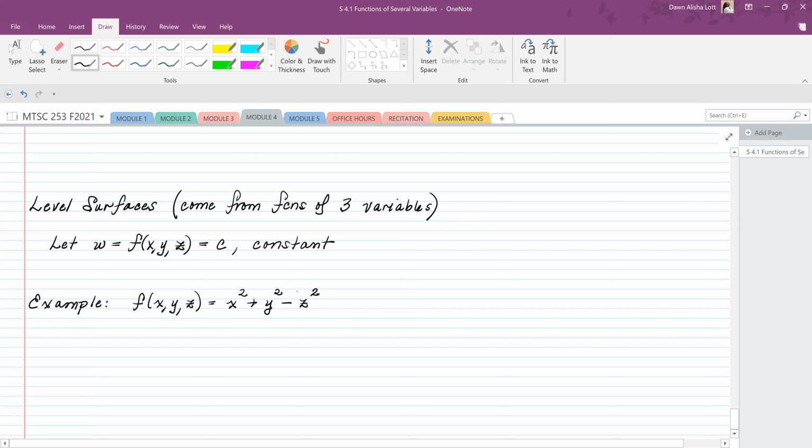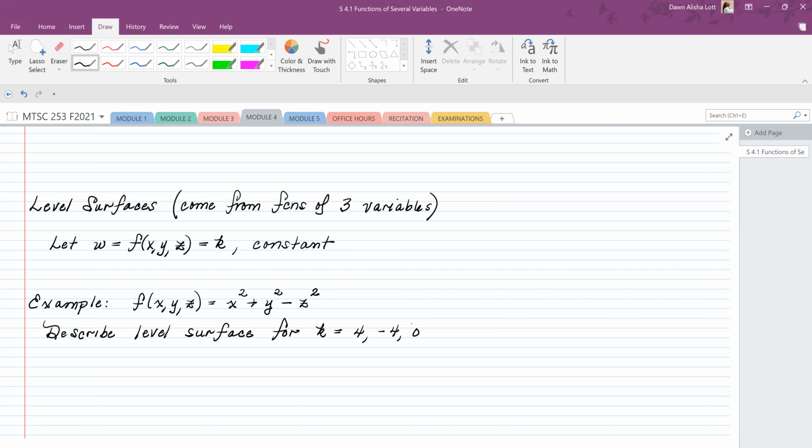Now I want to describe the level surface, and in 3D I let the constant equal K, for K equal to 4, -4, and 0. For these different values of the constant, we might see different surfaces.